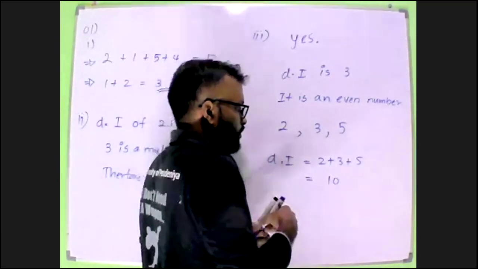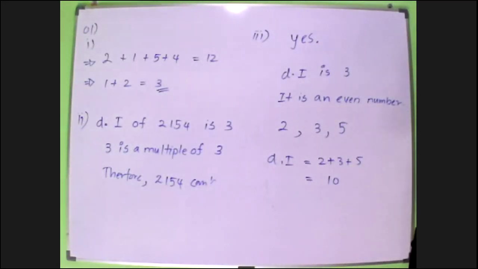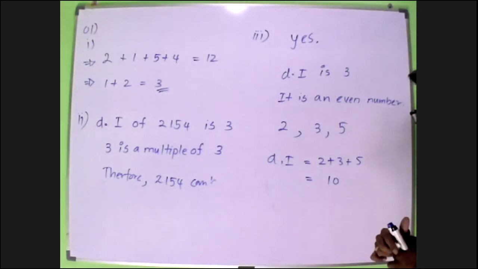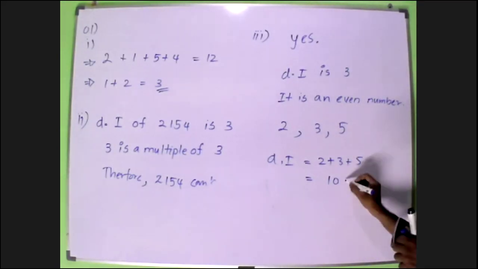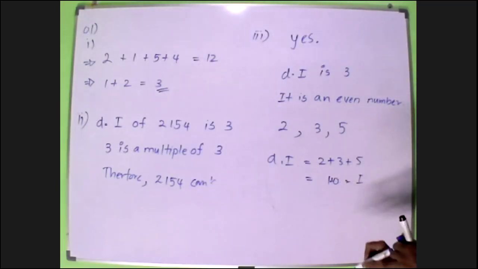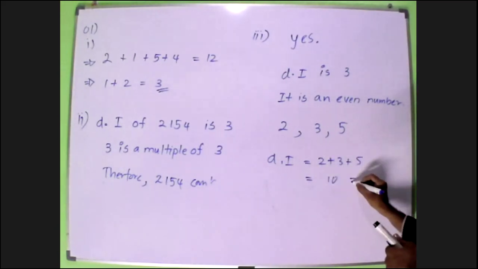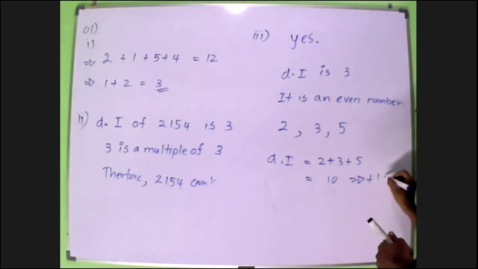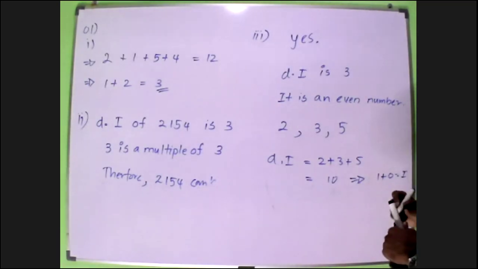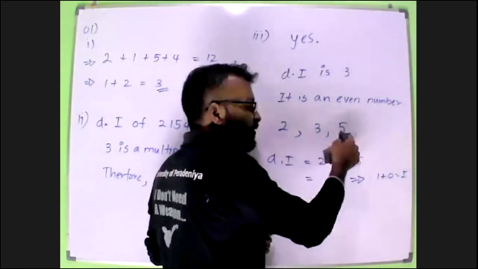So this digital index will be 10. Then 1 plus 0 will give you 1.